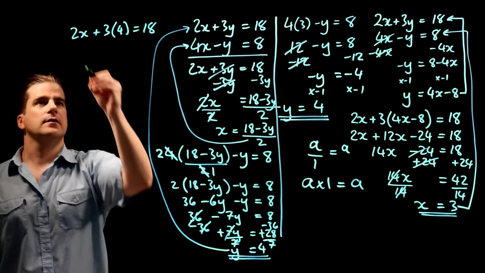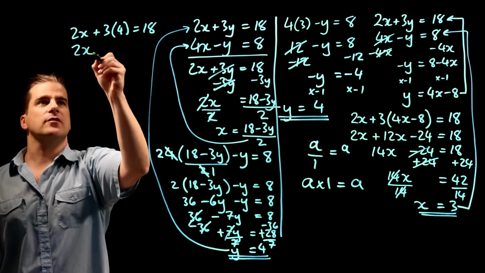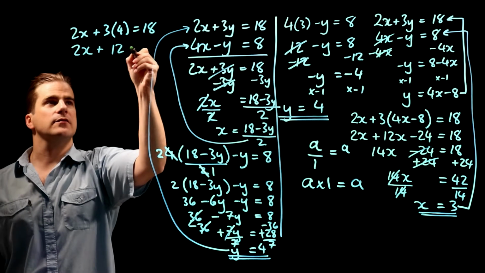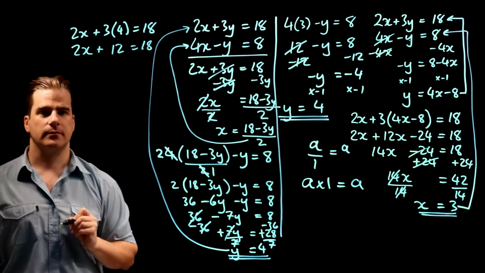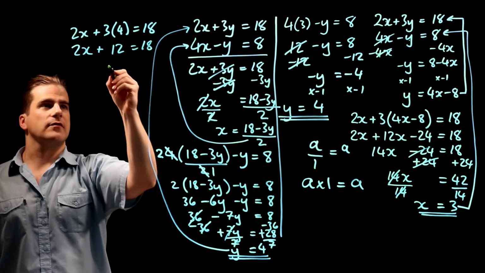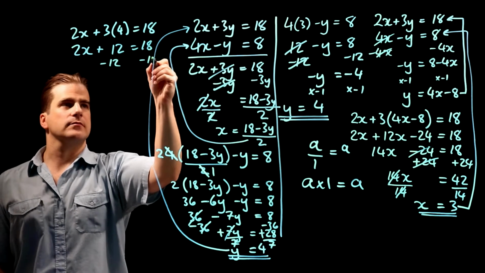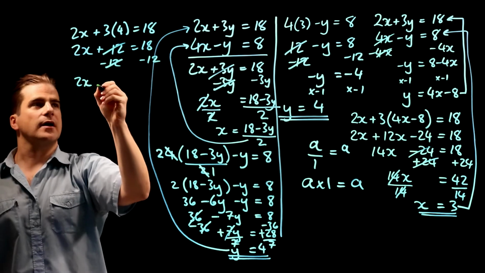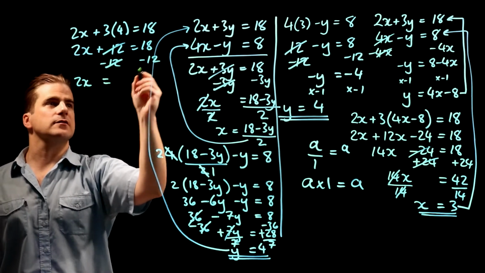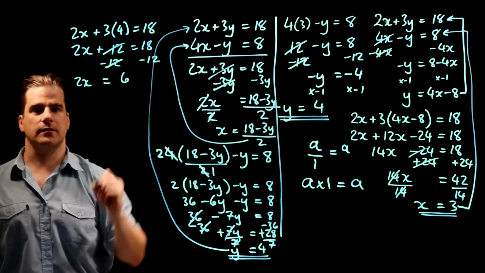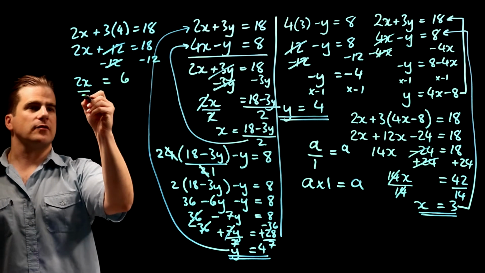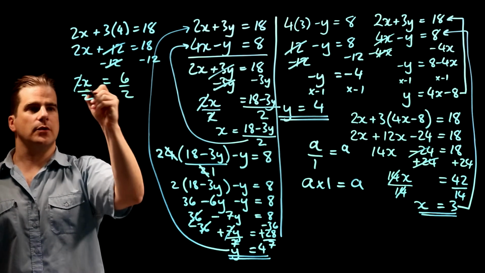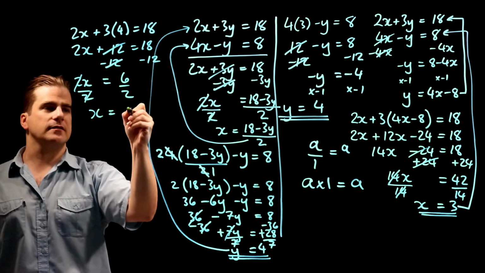Okay, so that means 2x plus 3 times 4 is 12, is 18. Take the 12 over there by subtracting 12, and we get 2x equals 18 minus 12 is 6. Divide both sides by 2. Boom, boom. x is 3.